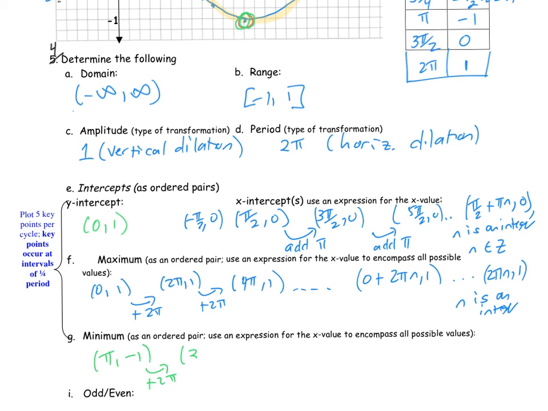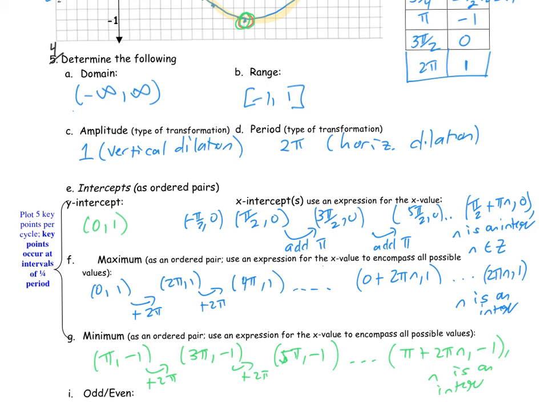So that'll be 3 pi, negative 1. And I can continue on. I could add another 2 pi, 5 pi, negative 1. So to get a general expression, I'll pick one value, pi, and add a multiple of a full period. So 2 pi n, and the y value is negative 1, where n is an integer.